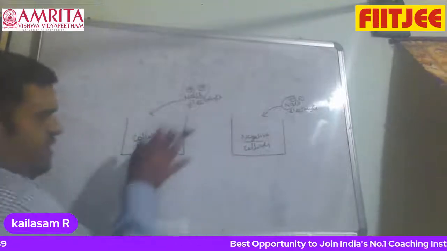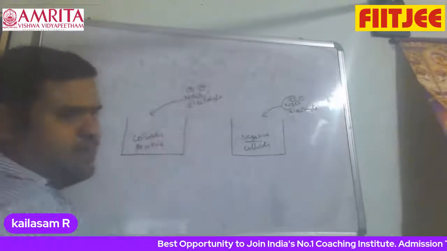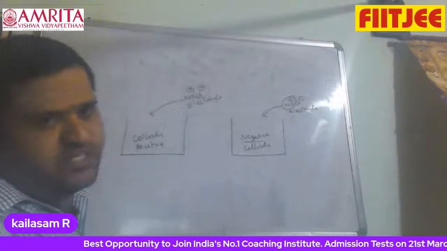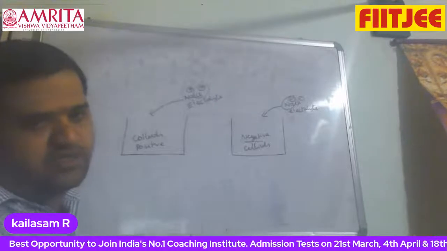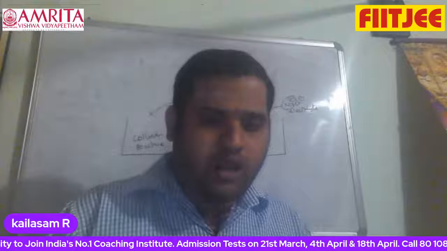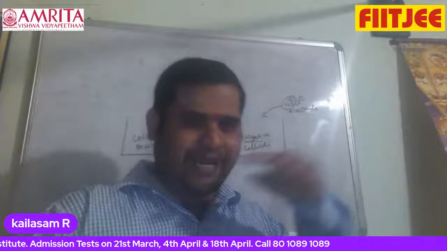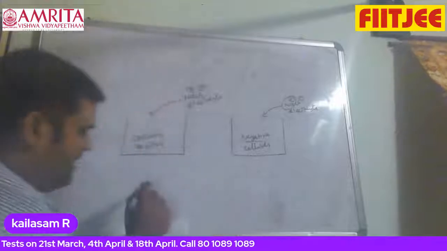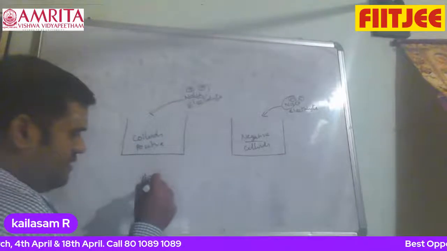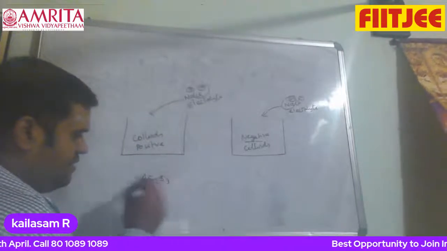That means when the electrolyte is added to the colloids, precipitation takes place. Here there is a rule called the Hardy-Schulze rule. What is the Hardy-Schulze rule? Let us take the negative colloid arsenic sulfide, As2S3.